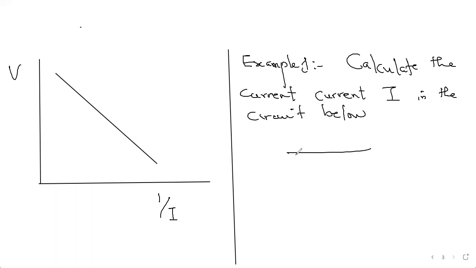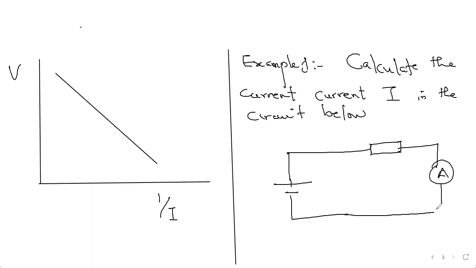We have a voltage source, then a resistor, and an ammeter that reads the current. This is 6 volts and this is 3 ohms, and you have to calculate the current I that is flowing. This is a closed circuit. Though I'm not showing the switch, it's closed. There's a complete connection of path through which the current flows.